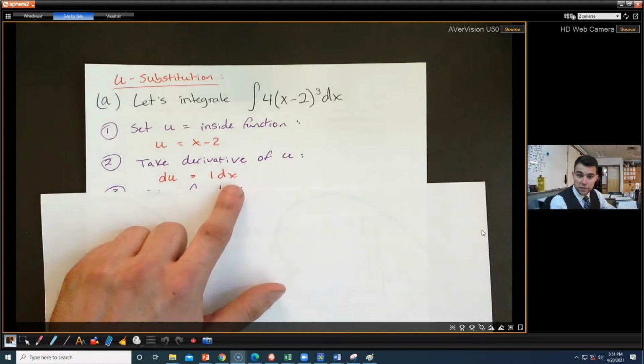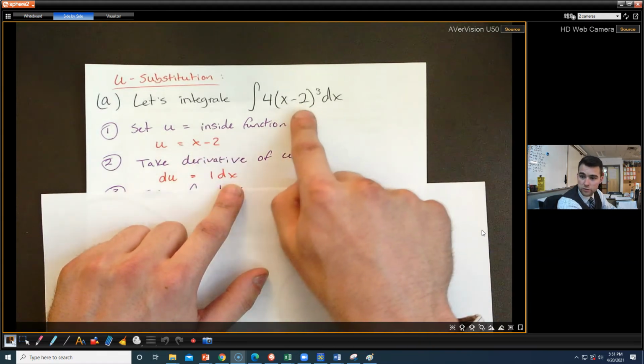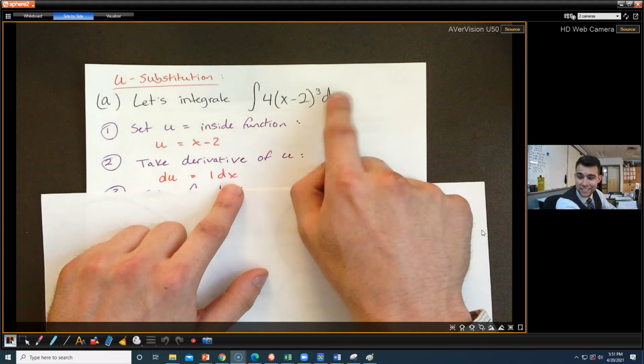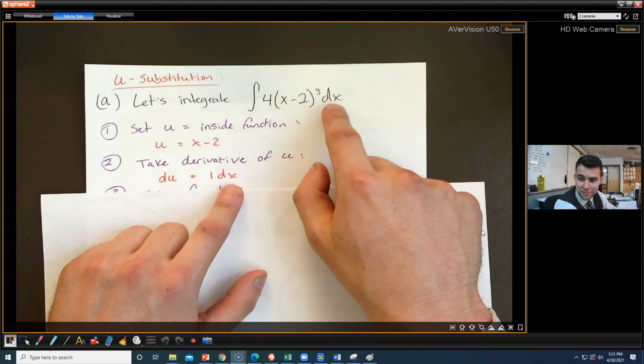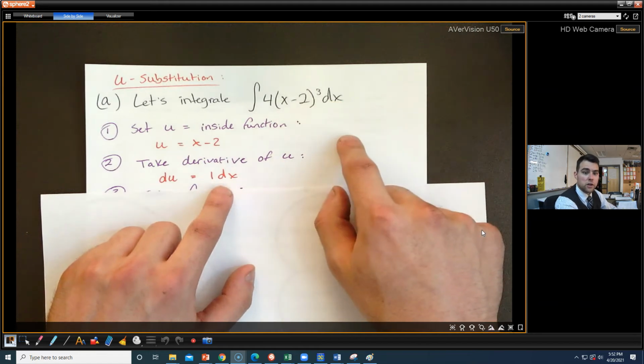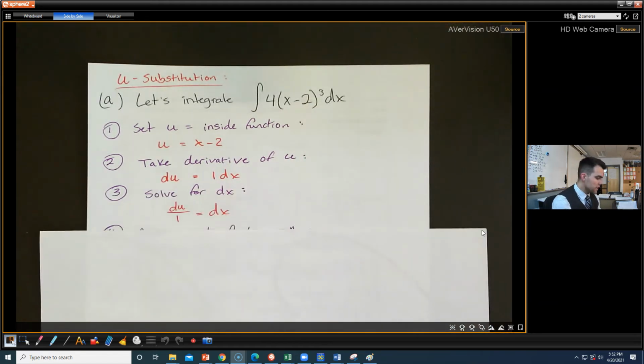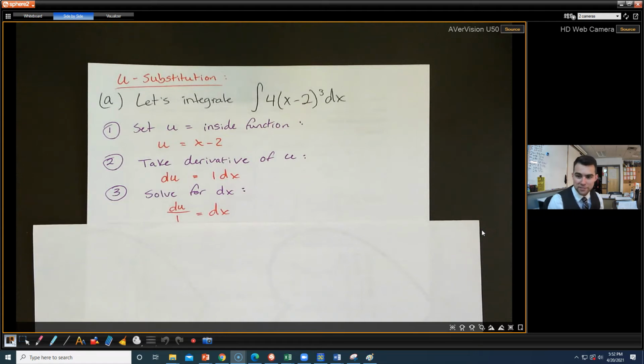You need your dx, though, because even though I'm doing u equals x minus 2, and that's going to be my u, I can't integrate with respect to dx. I have to do it with respect to du, right? So I need to actually solve for my dx. And this one's really not that bad, right? You divide both sides by 1, and so du equals dx. There's really not a whole lot we can do right there.